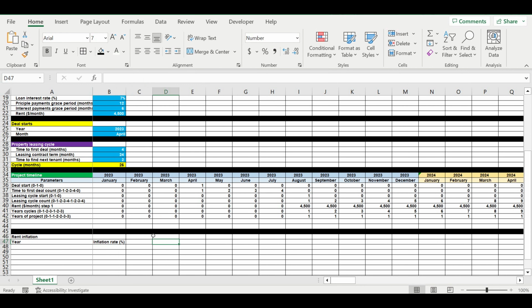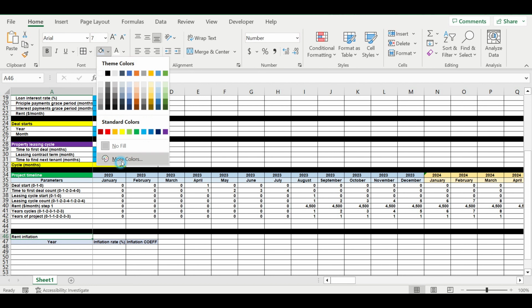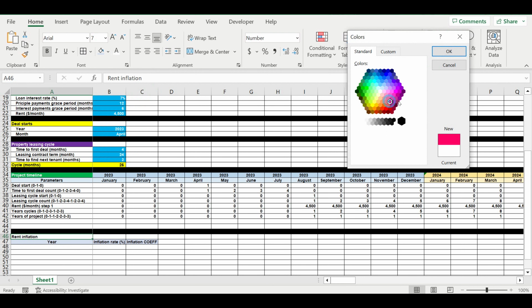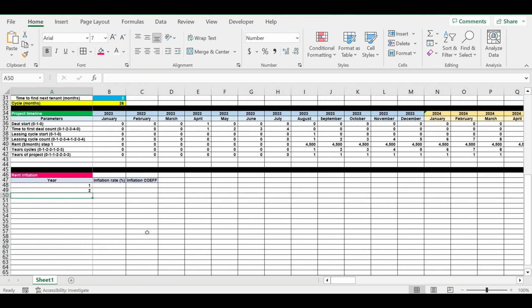This will be the inflation coefficient. So here we will place 10 years of our project horizon.